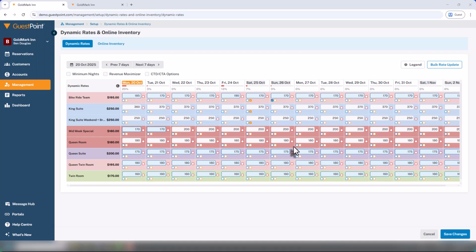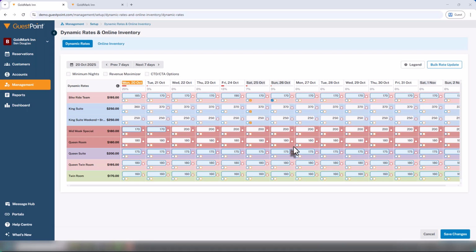There's so much power in this back section with dynamic rates. We've really got the opportunity to influence profitability at our motel. With smart selection of close to departure and close to arrival, we can really generate more occupancy, reduce housekeeping costs.